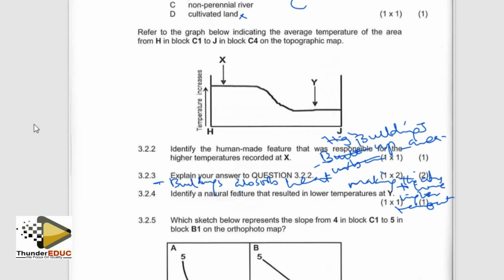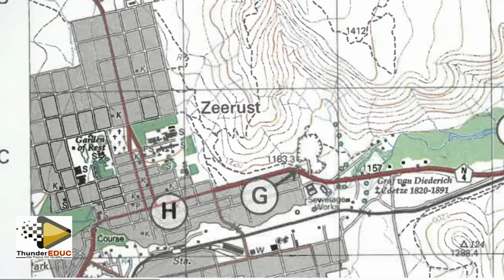Identify the natural feature. The question says, identify a natural feature that resulted in lower temperatures at Y.